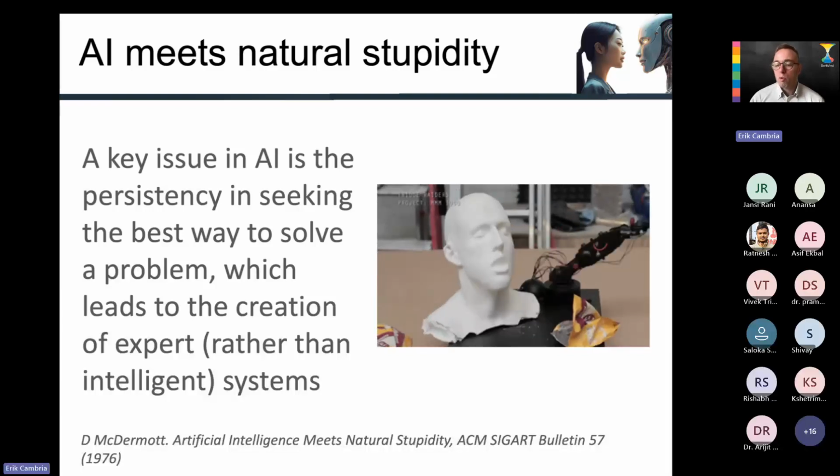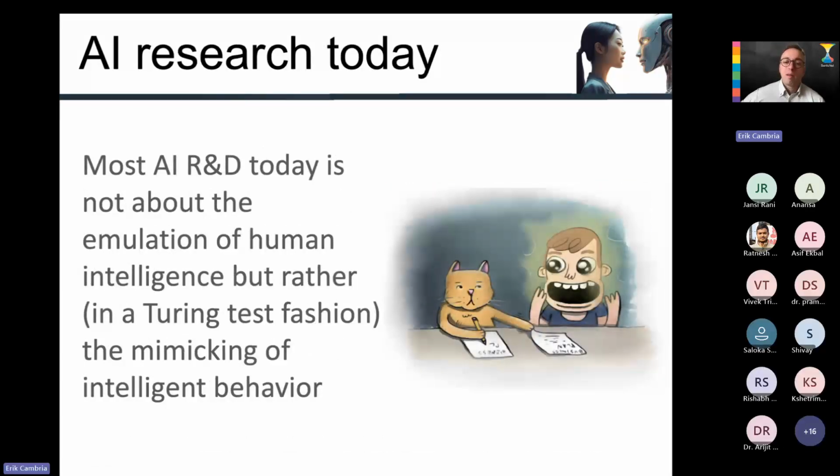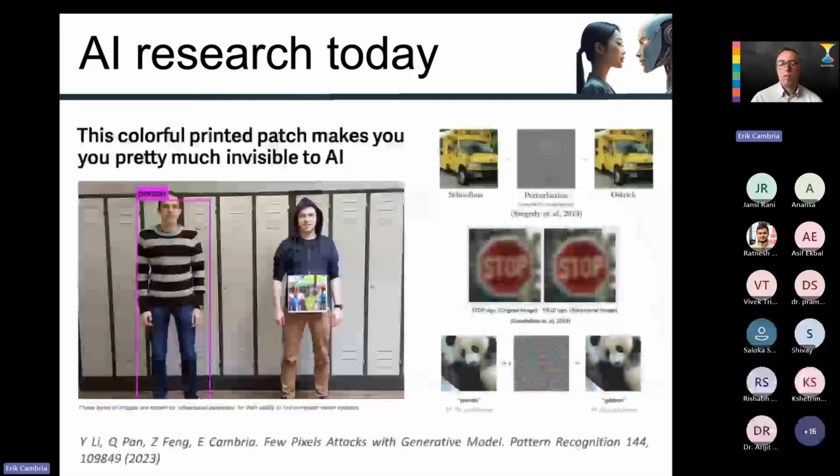It can't do much more than that. And that's exactly the problem with AI today. It's a mimicking of intelligent behavior rather than trying to truly emulate intelligence. And you see this from the way many of these algorithms work.